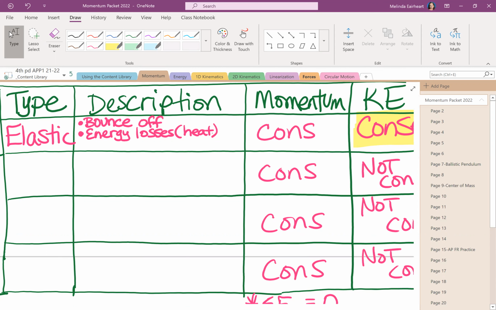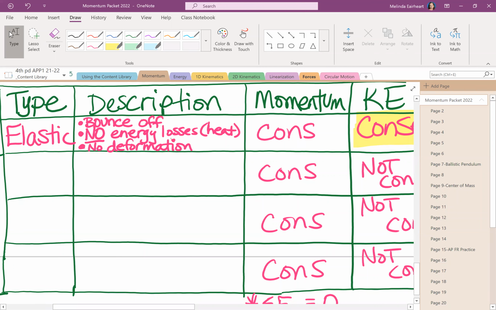Hold on, I miswrote. We don't have any energy losses. Apologies. Benefit of OneNote. So I'm going to say no energy losses, like heat. And we can also add, look at your objects, there's no deformation.